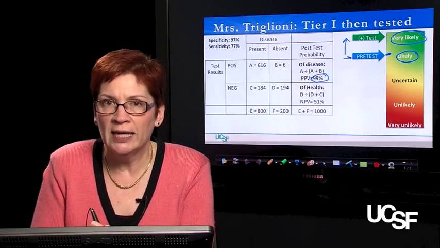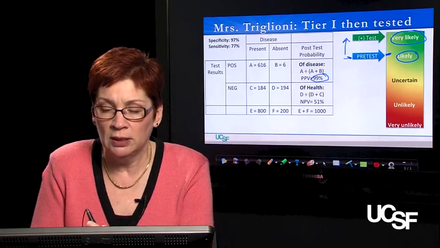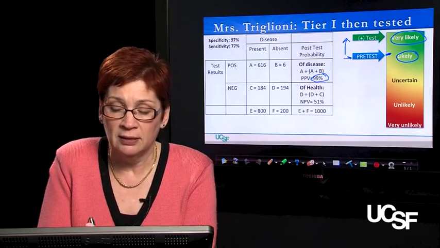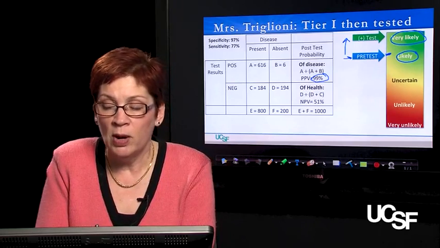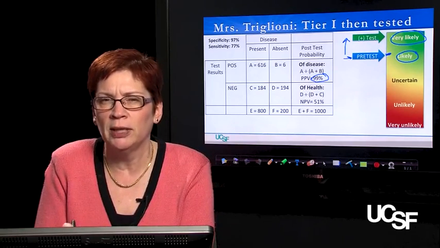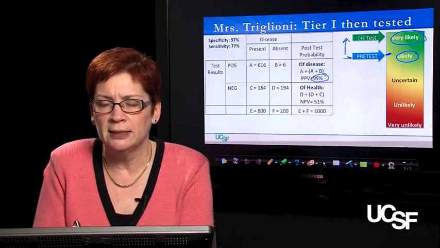But what if her test comes back negative? So then we want to look and see, well, not what the post-test probability of health is or negative predictive value, but we want to know on this likelihood ruler is how likely is it that she still has a pulmonary embolus if her test is negative.